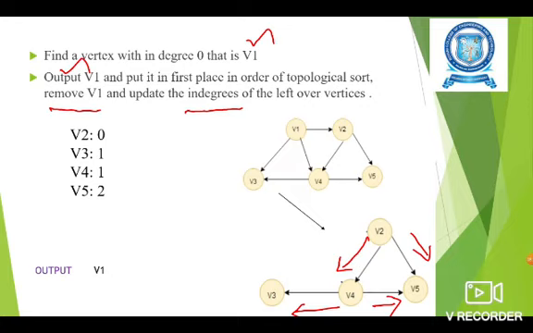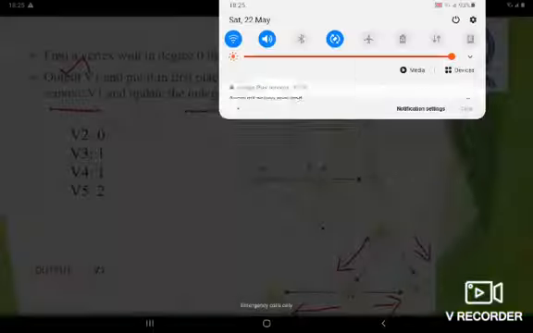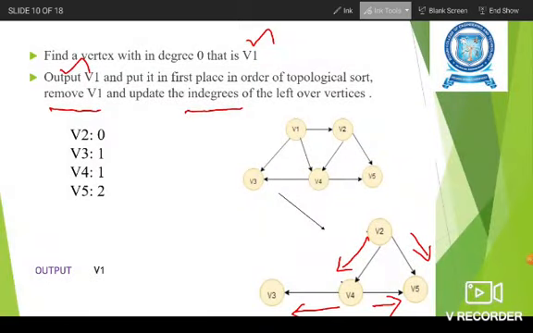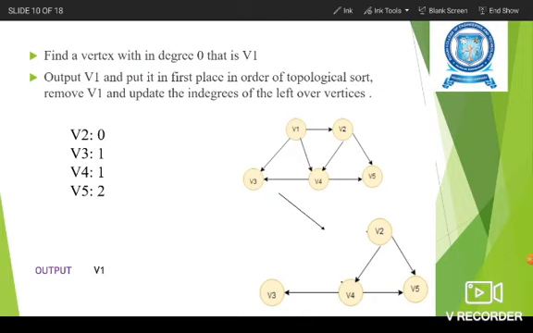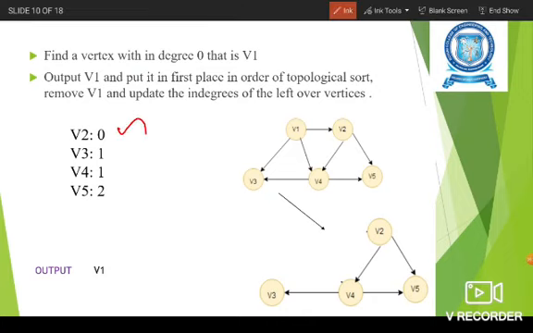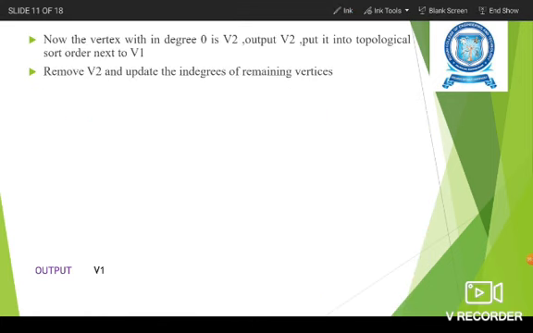So again, we are repeating the same process. You have to select a vertex whose integrity is 0. Okay. So V2 is selected. Once V2 is selected, you have to add V2 in the output.